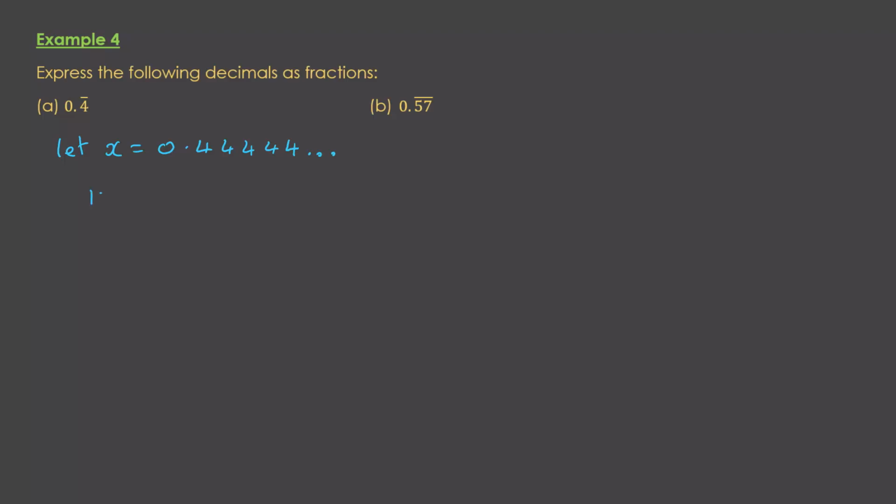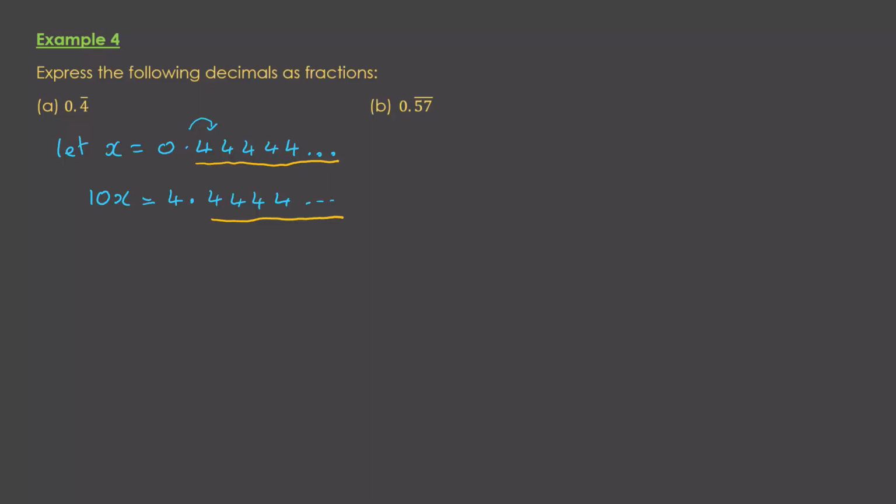Now, if I consider 10x, which means multiplying 0.4444 and so on by 10, that's going to move the decimal point one place. So I'm going to get 4.4444 and so on. Now the point here is that the decimal is the same for both of these numbers.